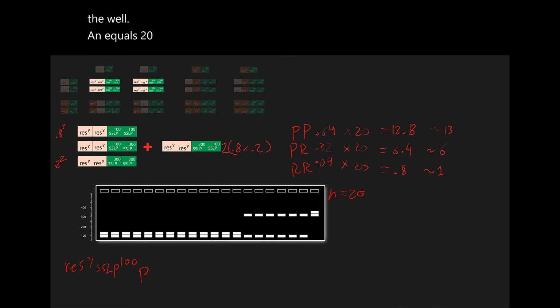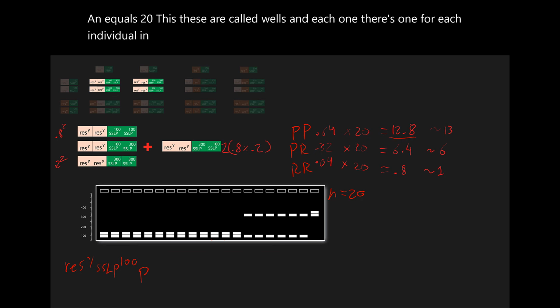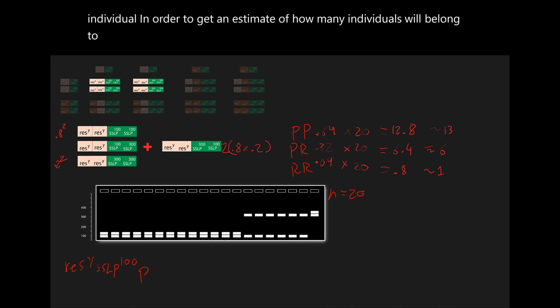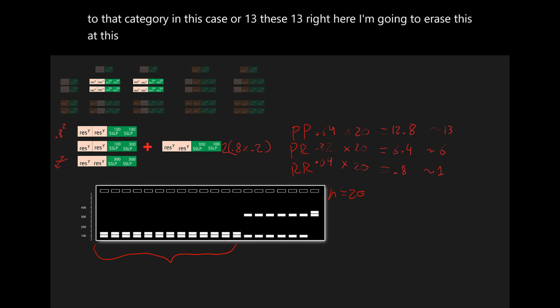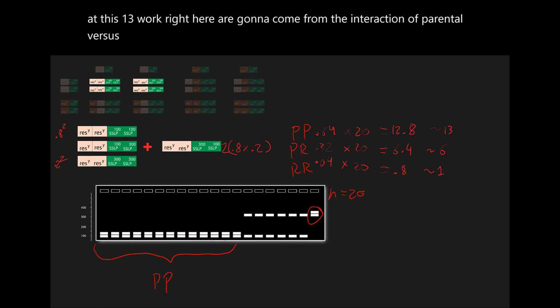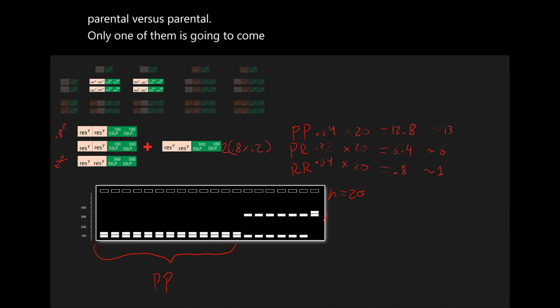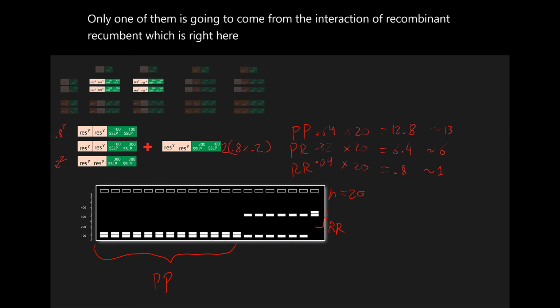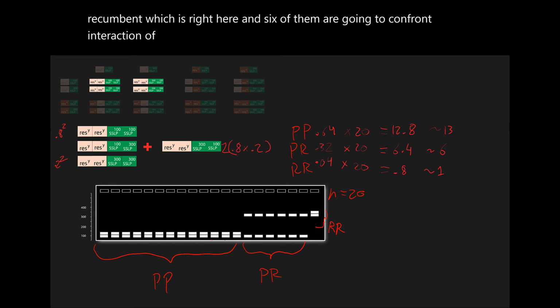These are called wells, and there is one for each individual, in order to get an estimate of how many individuals will belong to that category. In this case, 13. These 13 right here are going to come from the interaction of parental versus parental. Only one of them is going to come from the interaction of recombinant, which is right here, and 6 of them are going to come from the interaction of parental versus recombinant.